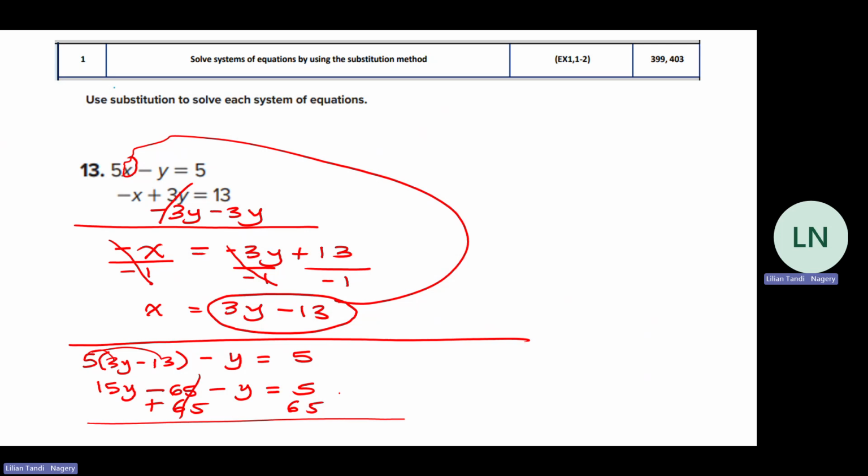Then I can add 65 on both sides. So this goes away. 15 minus 1 is 14, so I have 14y because I did 15y minus y. That will give me 14y equals 70, because I will add 65 on both sides.